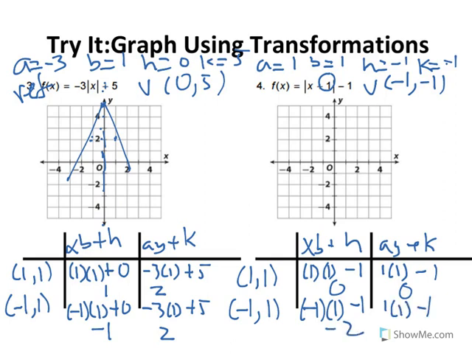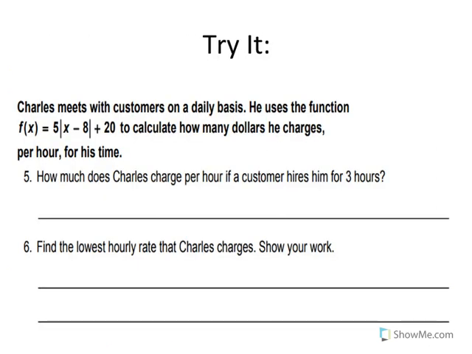So we have negative 2, 0. So the vertex negative 1, negative 1 is here, and 0, 0 is here, and negative 2, 0 is here. So the graph will do this. And this is our line of symmetry. Okay, let's go on to the next slide.